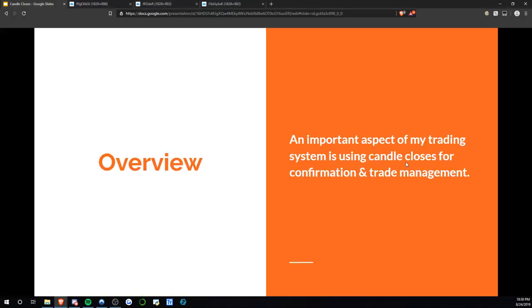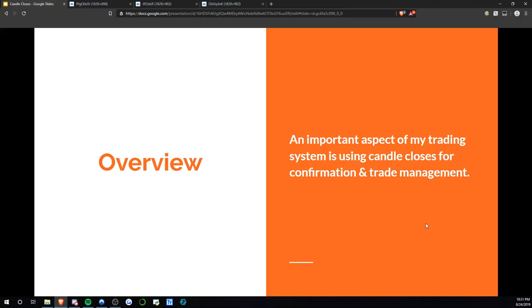So just a quick overview. An important aspect of my trading system is using candle closes for confirmation and trade management, and really just reducing overall risk. With these candle closes and how I use them, you can reduce risk by only taking trades where you get confirmation that price is going to head in a certain direction.